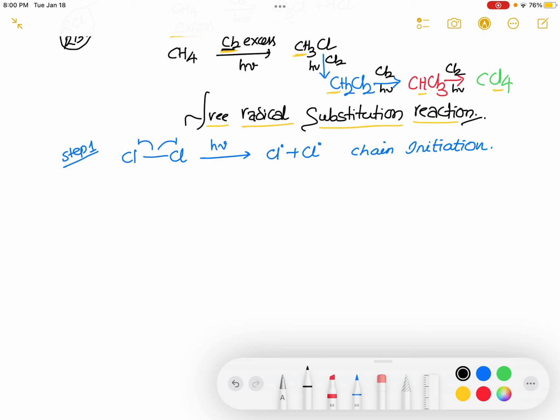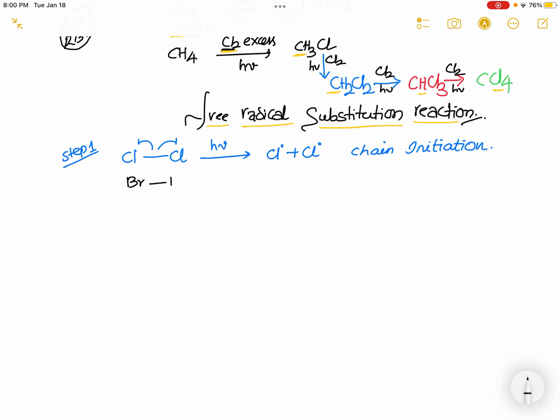If you take bromine, same thing, but for bromine we generally use heat. Bromine free radicals are formed. Iodine, if you take, it is easy to form iodine free radicals, and these are too reactive.